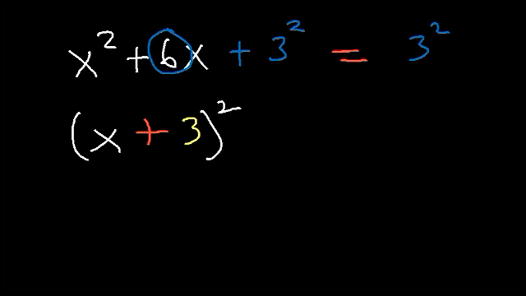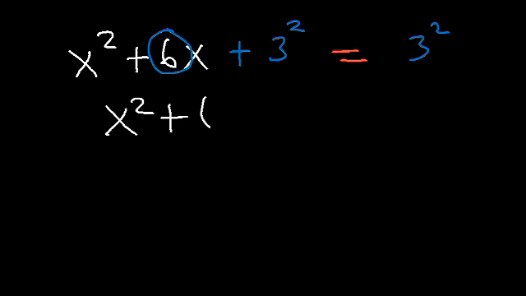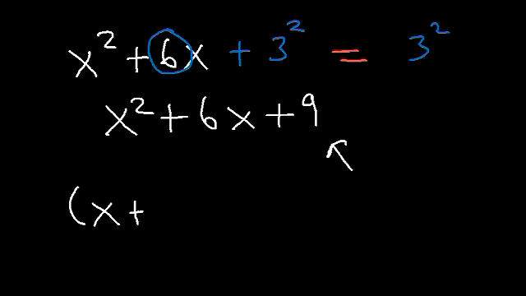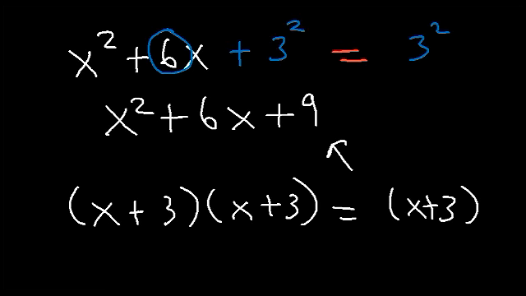It's always going to work out that way. To prove it, x squared plus 6x is the same as x squared plus 6x plus 9. Two numbers that multiply to 9 but add to 6 are 3 and 3. 3 times 3 is 9, but 3 plus 3 is 6, which you can write as x plus 3 squared. It's always going to work out that way.